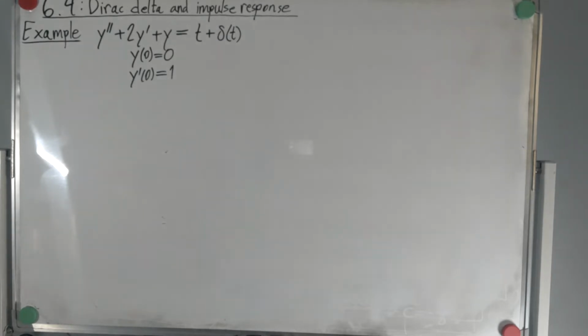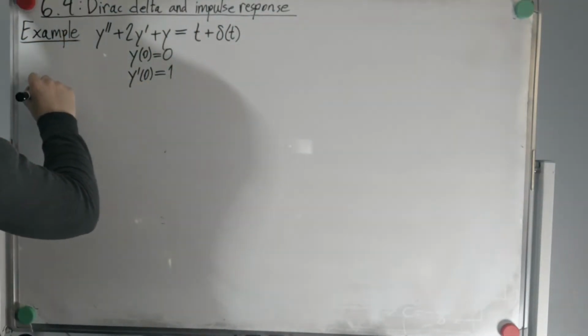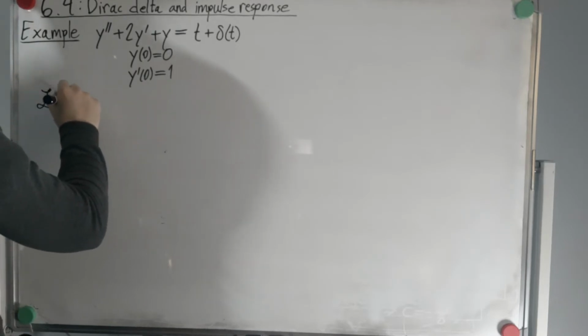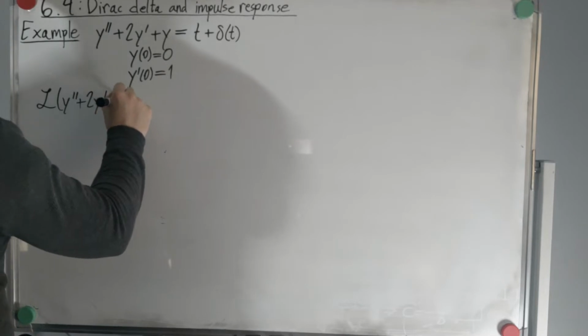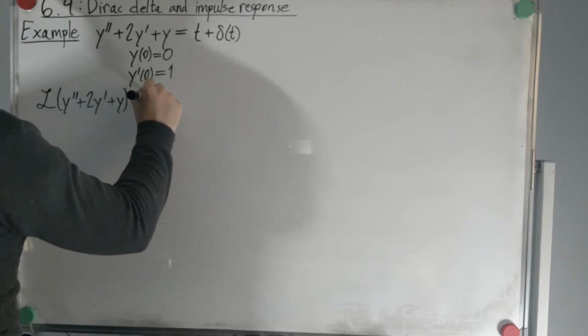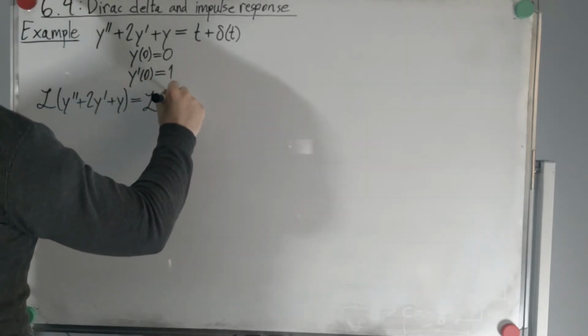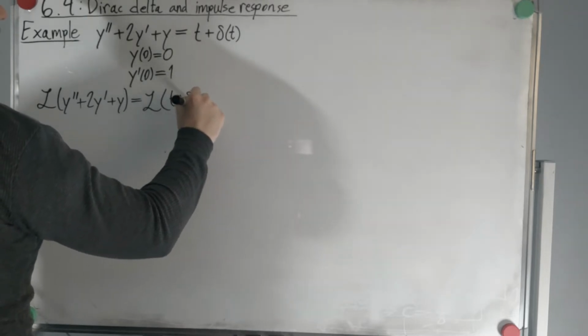Once again, the fact that we have a delta in here anywhere means that we have to use Laplace transform methods. So we're going to take the Laplace transform of both sides. y'' + 2y' + y equals the Laplace transform of t plus delta of t.